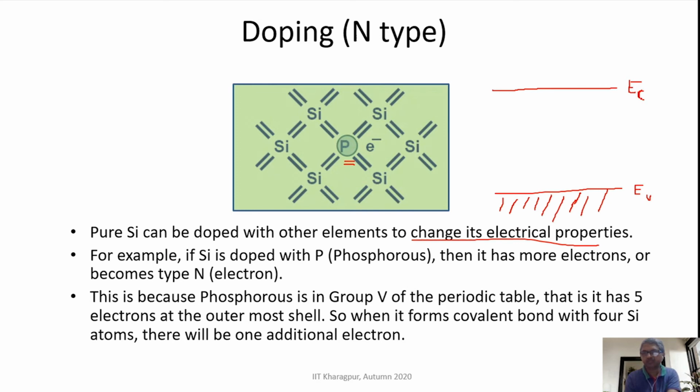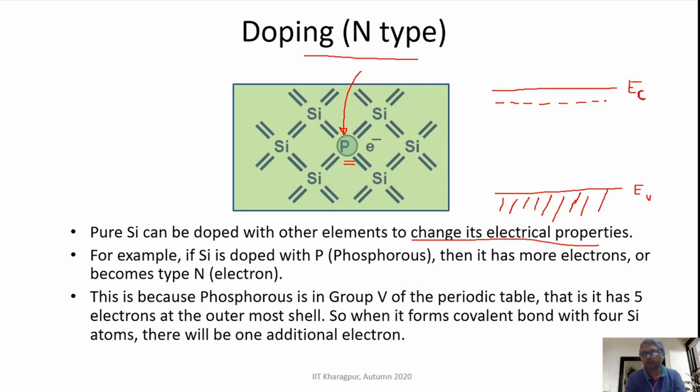This is the case for intrinsic semiconductor. Now in the case of an n-type extrinsic semiconductor, which can be achieved if we dope silicon with phosphorus or arsenic, they will form an energy level which is very close to that of the conduction band.